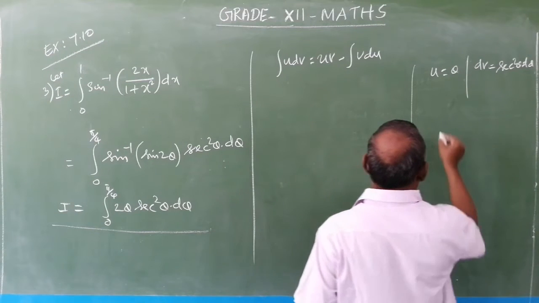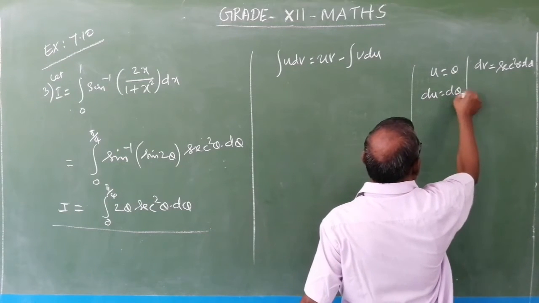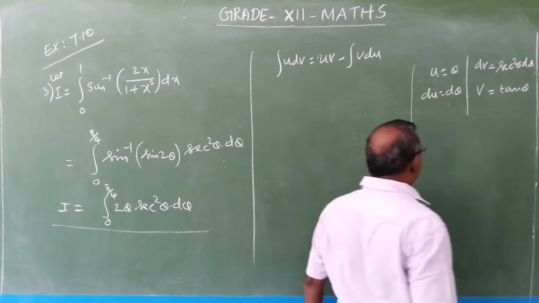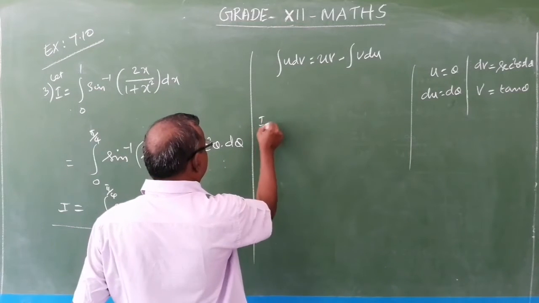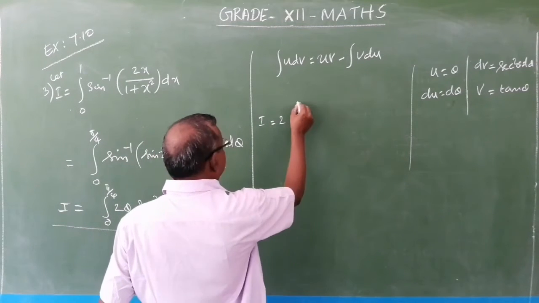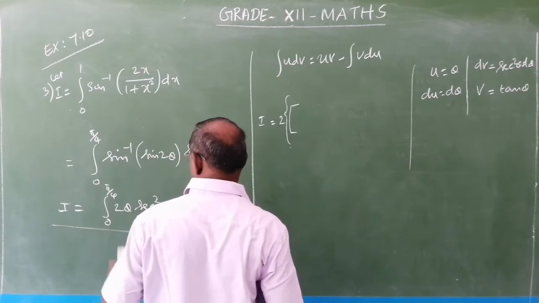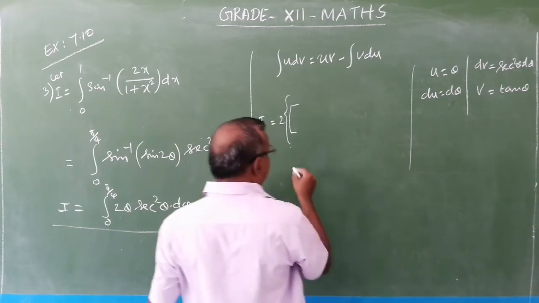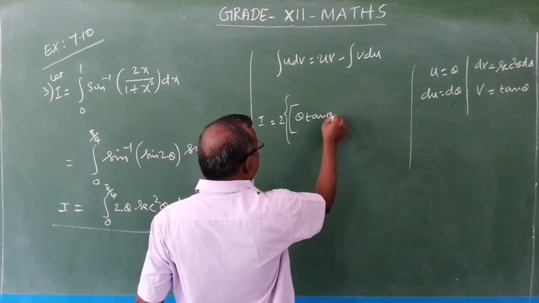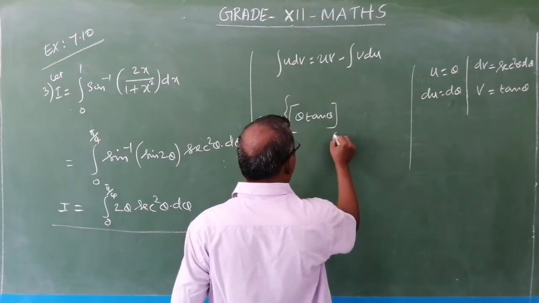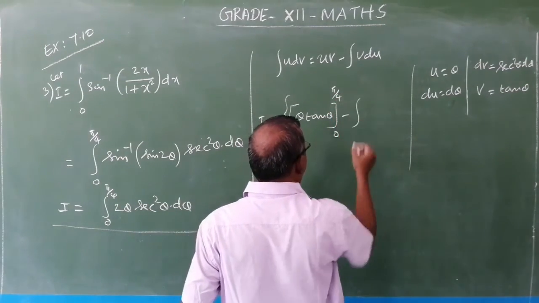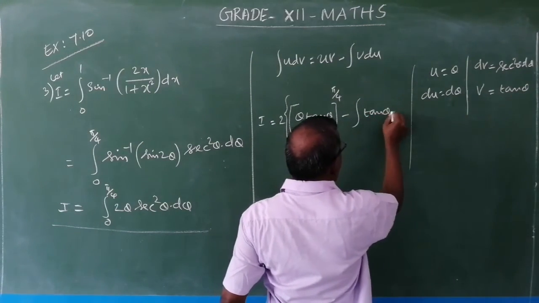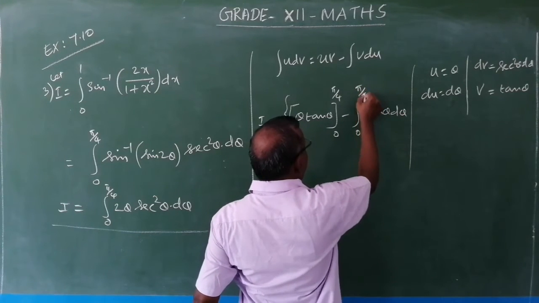So, differentiating u we have du equal to d theta and integrating this, v equal to tan theta. Now, I equal to 2 into uv, that is theta tan theta within the limit 0 to pi by 4, minus integral v du, v means tan theta into d theta within the limit 0 to pi by 4.